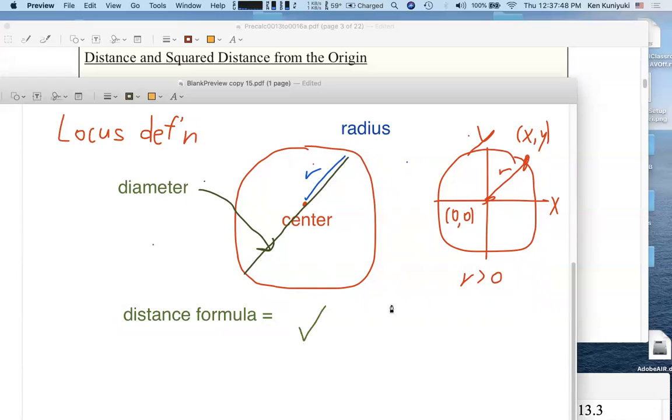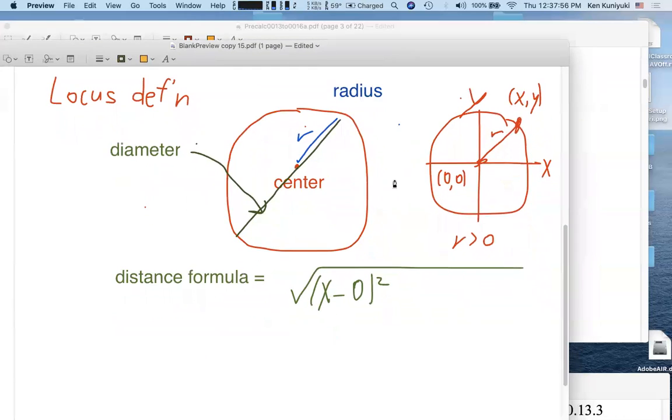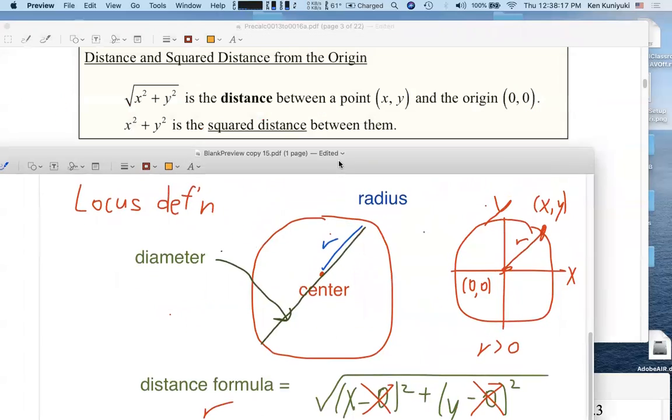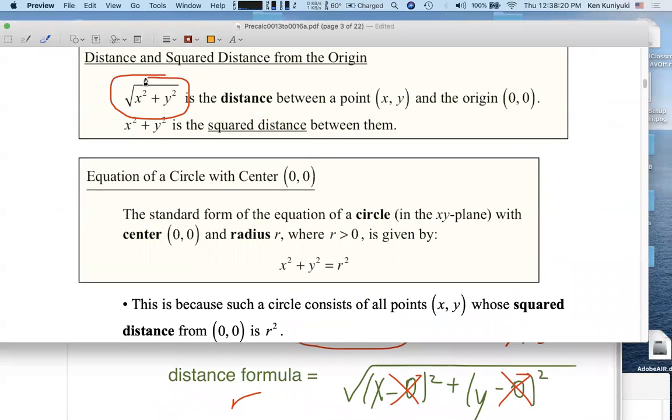It's going to be the square root of x minus 0 all squared plus y minus 0 all squared. But of course, we don't have to have the minus zeros. So we can just say that the distance here, r, the radius, is given by the square root of x squared plus y squared. The square root of x squared plus y squared is the desired radius, the distance between a point xy on the circle and the origin 0, 0.